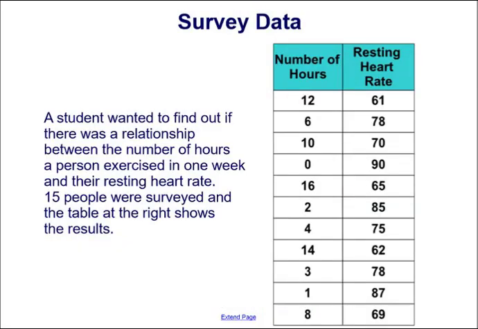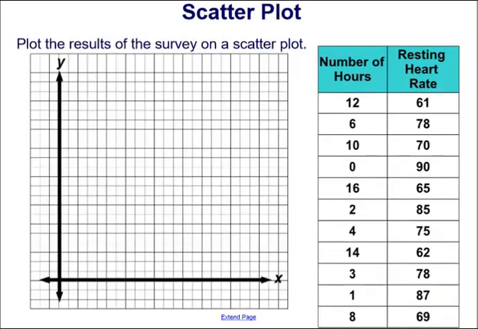So here is another example, where we have survey data. A student wanted to find out if there was a relationship between the number of hours a person exercised in one week and their resting heart rate. So 15 people were surveyed, and the table at the right shows the results. We can take these results and plot them on a scatter plot.